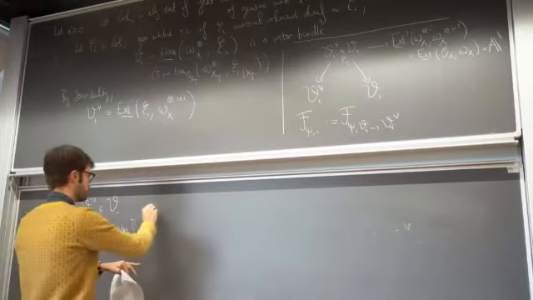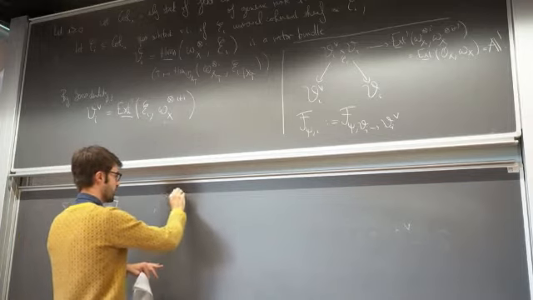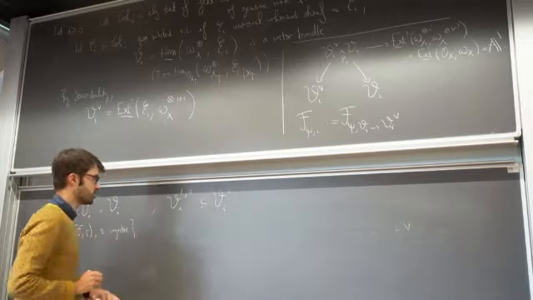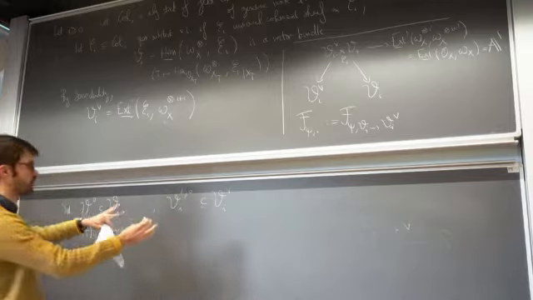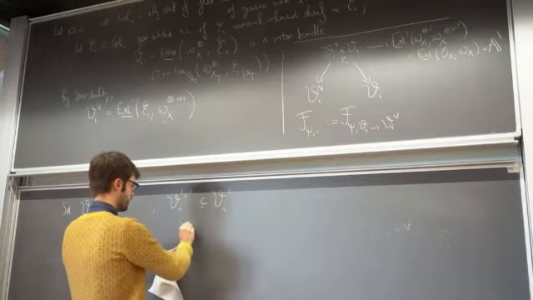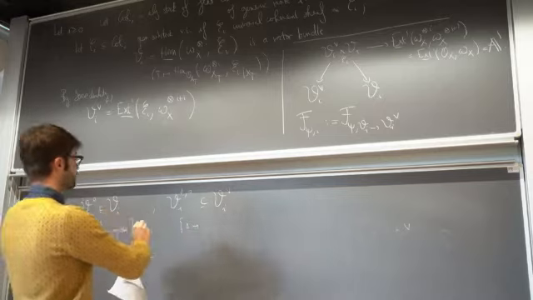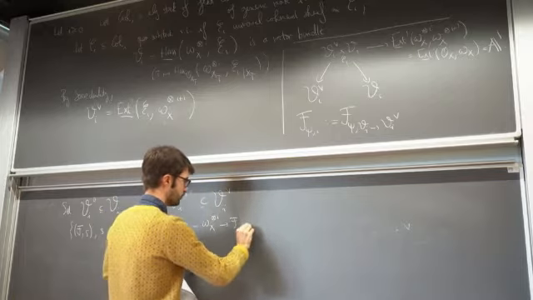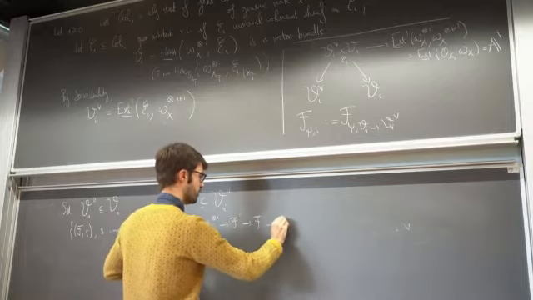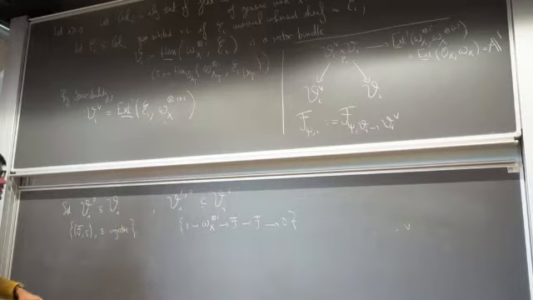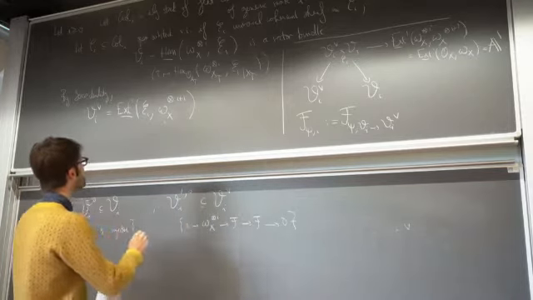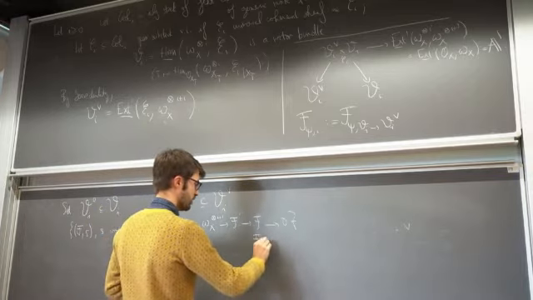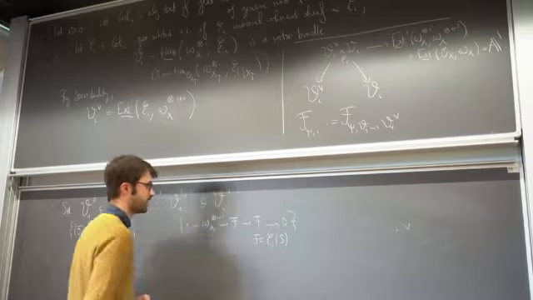And dually, inside V_I dual, I define V_I dual naught to be the locus where, so V_I dual naught will parameterize short exact sequences like this, with omega_X to the I plus 1, where F belongs to C_I.